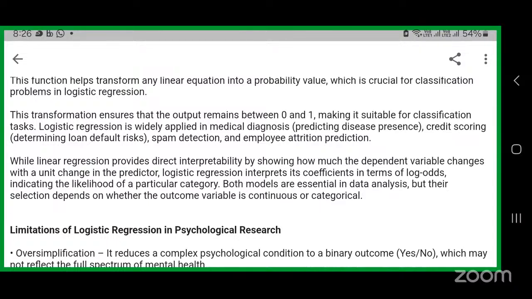Both models are essential in data analysis, but the selection depends on whether the outcome variable is continuous or categorical. So if the outcome variable is categorical, then you can go for logistic regression. And if your outcome variable is non-categorical, it is metric, then you can go for linear regression.